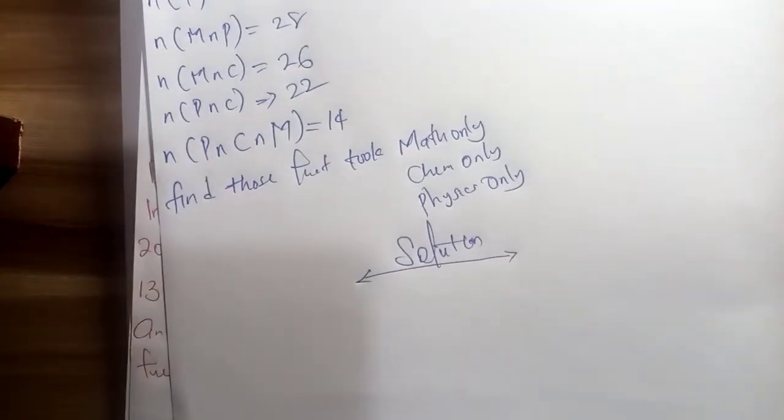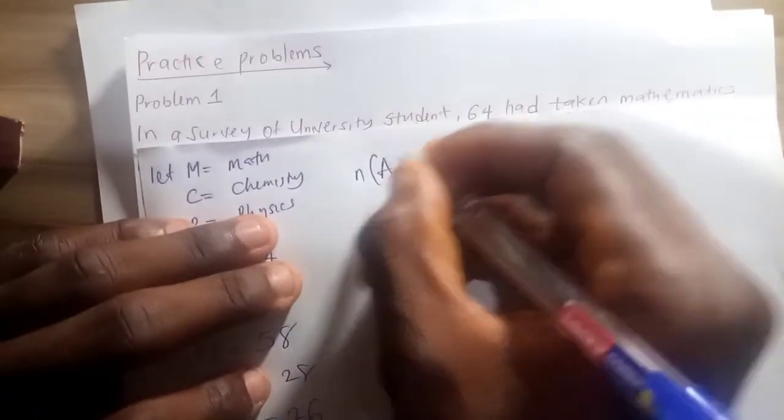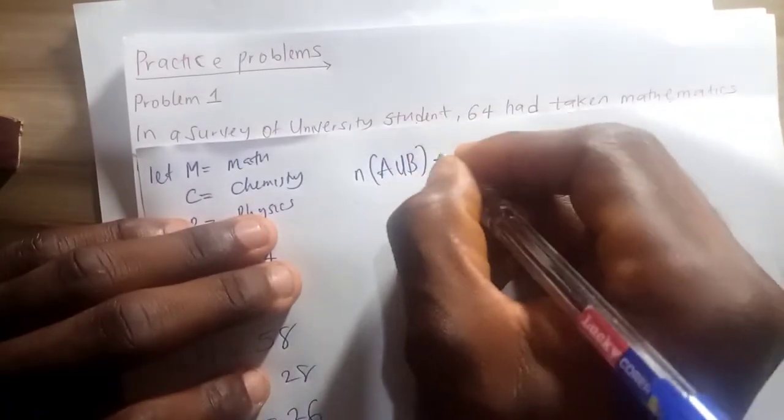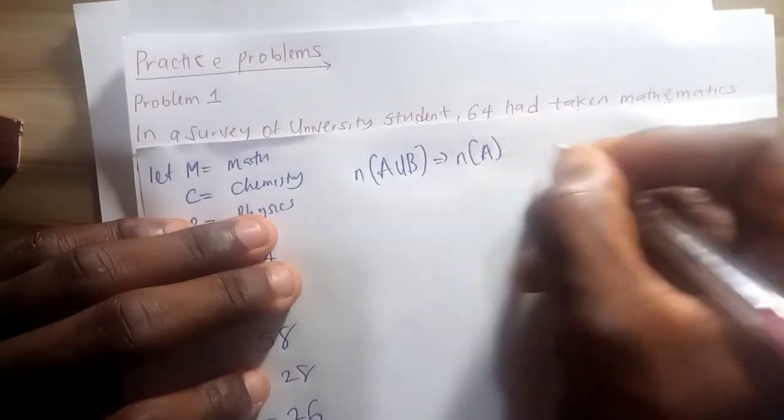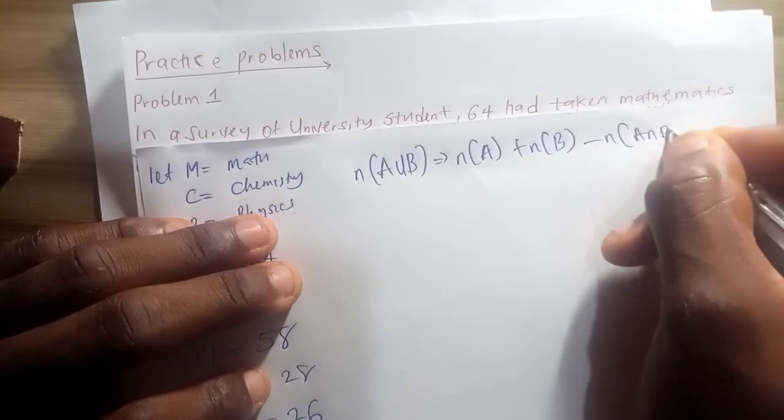There is a general formula that you need to know in set theory. When you have A union B, it is the same thing as saying this plus this minus this.